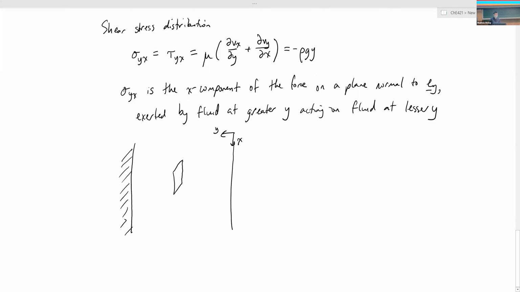M here is going to be the density of the fluid times the volume. So the volume of the fluid to the right here would be some sort of area of this surface, of whatever plane I drew, so times A times y, because that's how much fluid is to the right, right? So that's the mass times g.